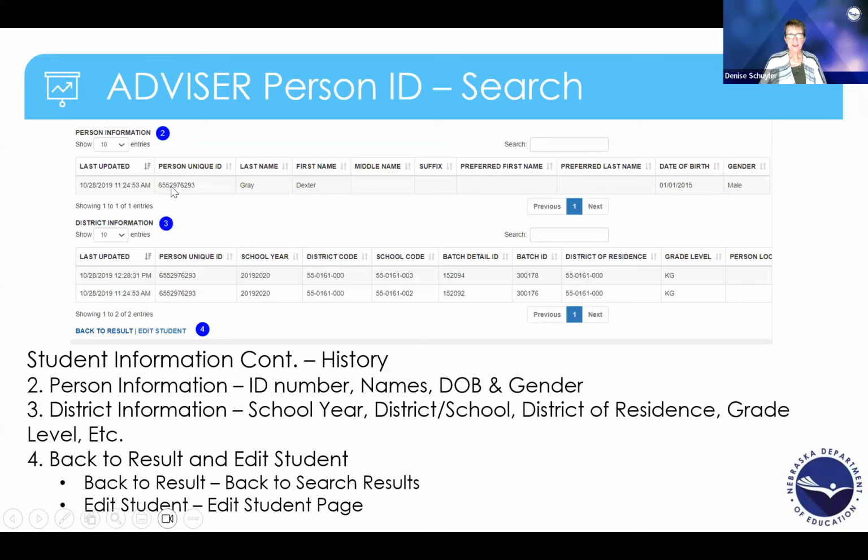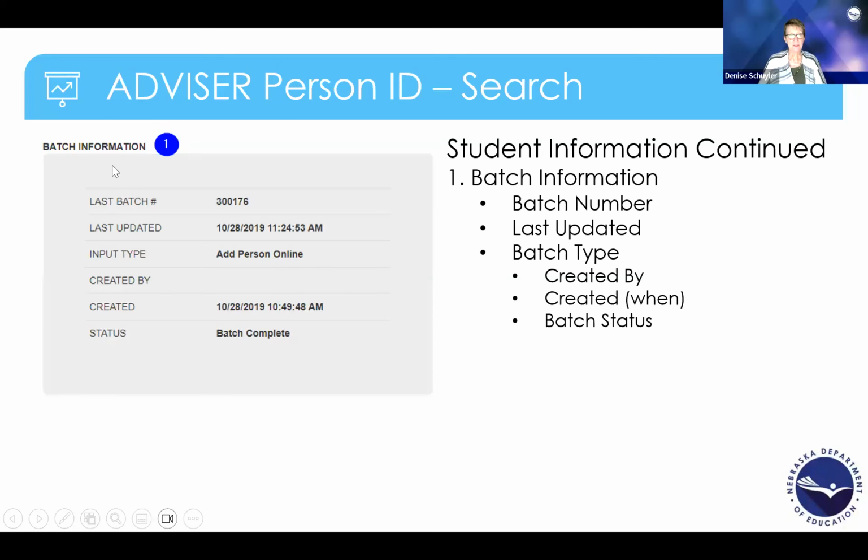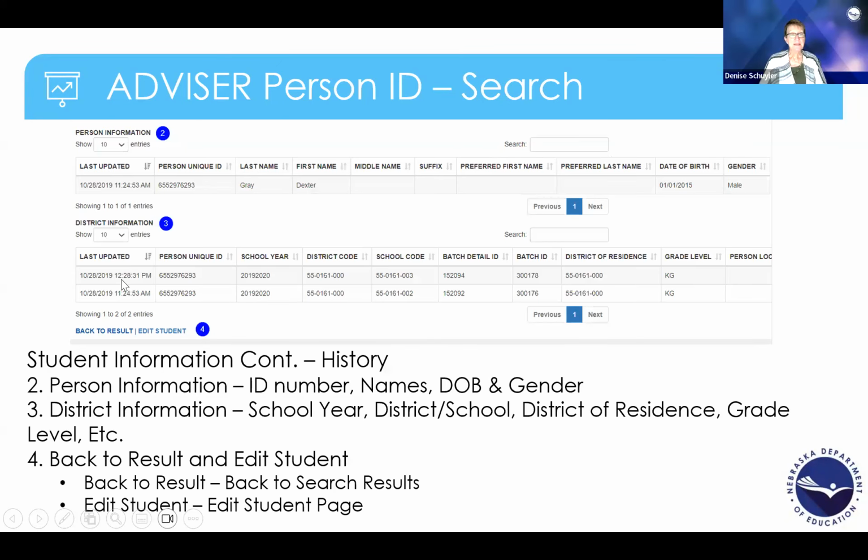The person information section is going to show you all the information, how it was updated, what was updated, what might have been changed. It's all of person information. And then the district information, all the different school districts that the student might have been in, or all the different years the student was enrolled in your district. That information is going to display in the district information section.